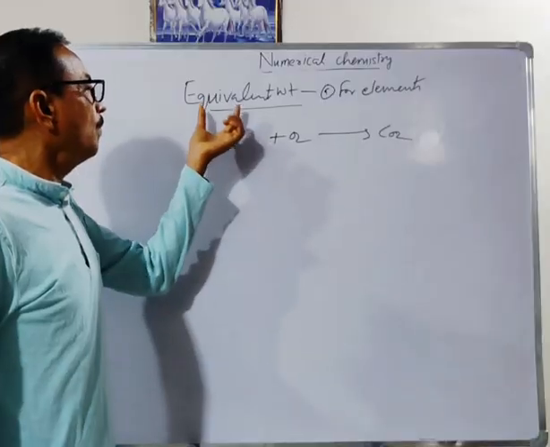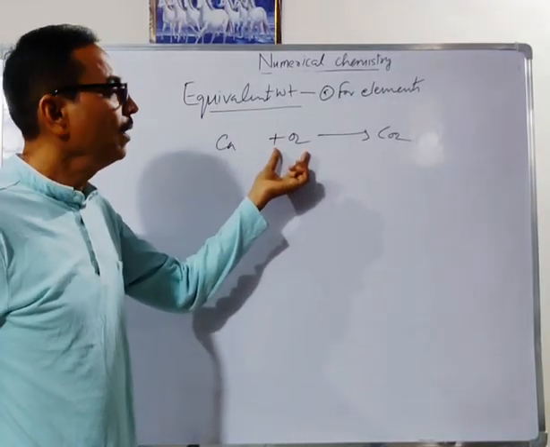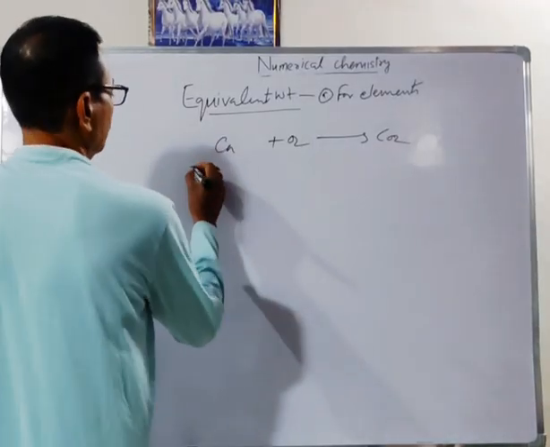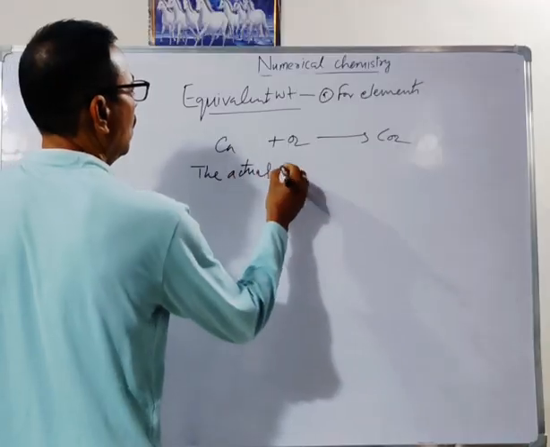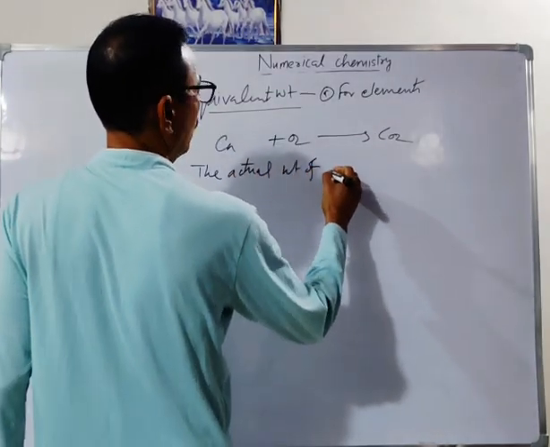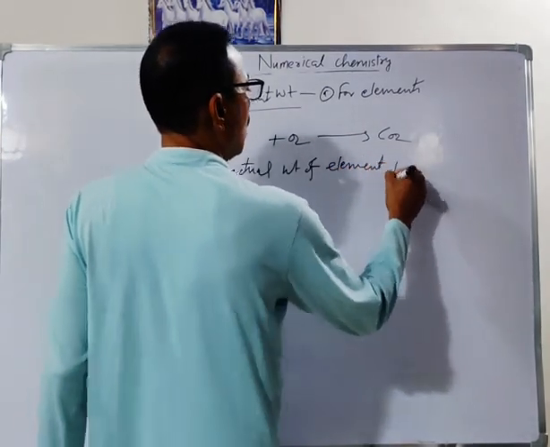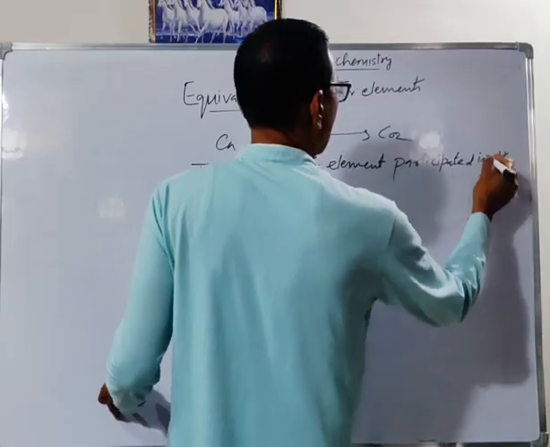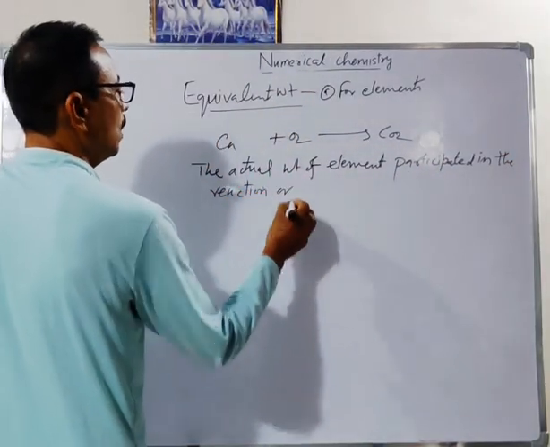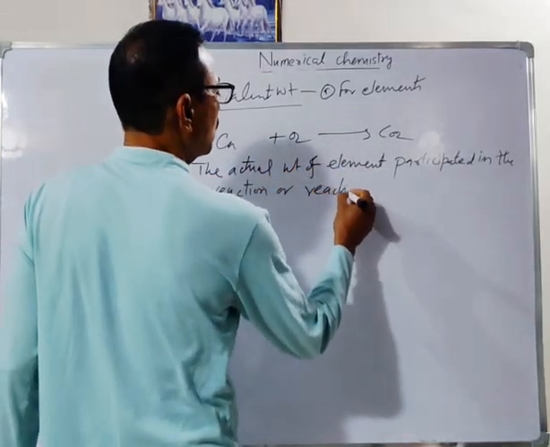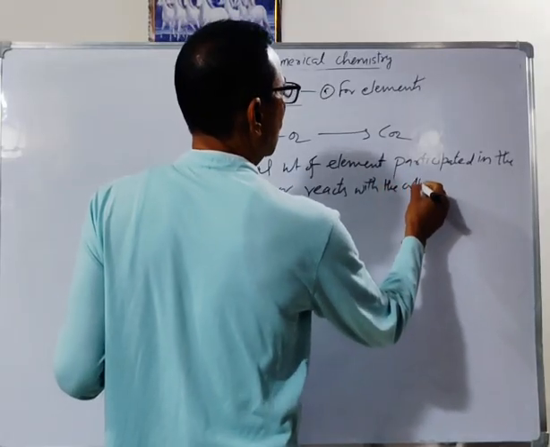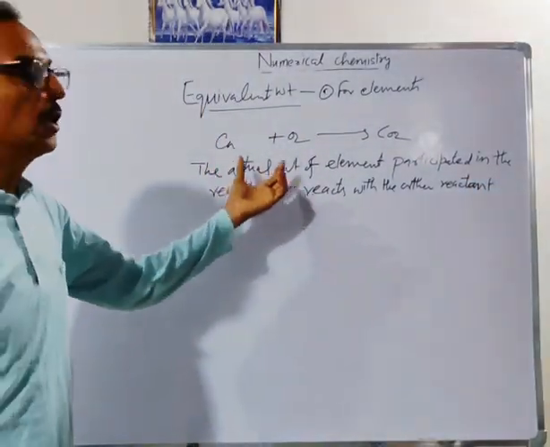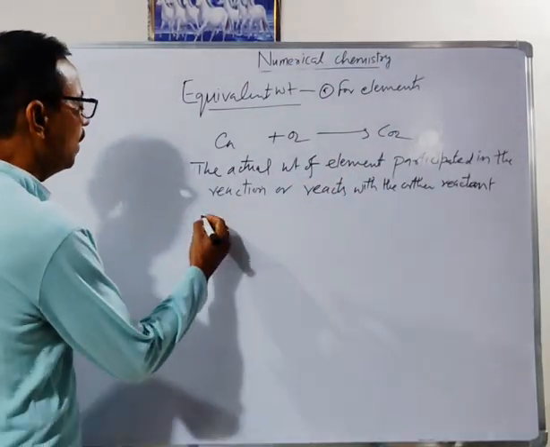What weight of calcium participates in the reaction is the equivalent weight of calcium. So equivalent weight is defined as the actual weight of the element participating in the reaction or reacting with the other reactant.